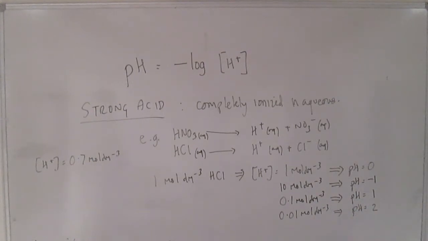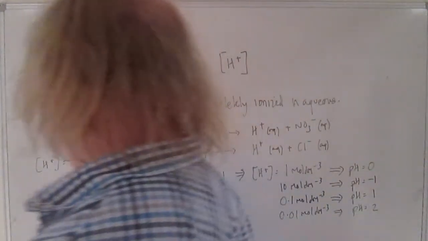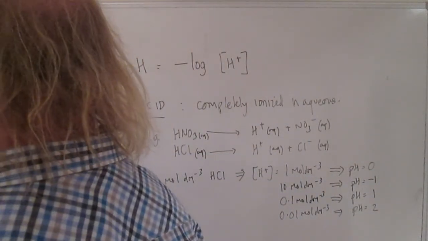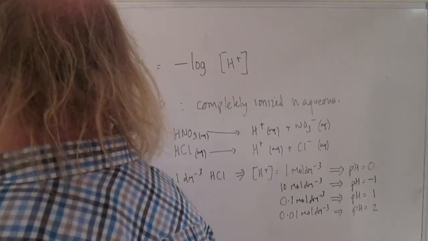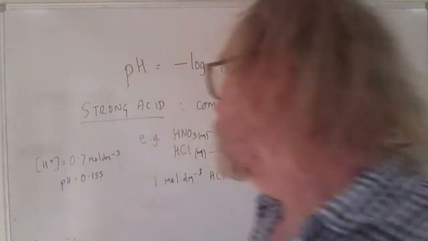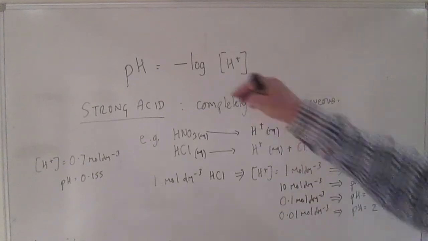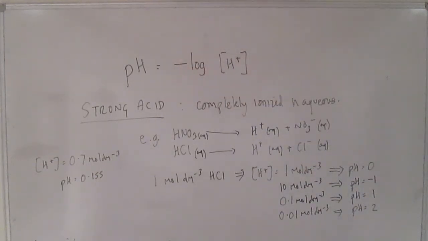And just try it on your calculator, see what you come up with, and what you should find is that the pH is 0.155. So if you get that, when you put minus log of 0.7 in there, then that's good. If you don't, you've got to play around, make sure that you figure out how to get your calculator to give you the right answer.